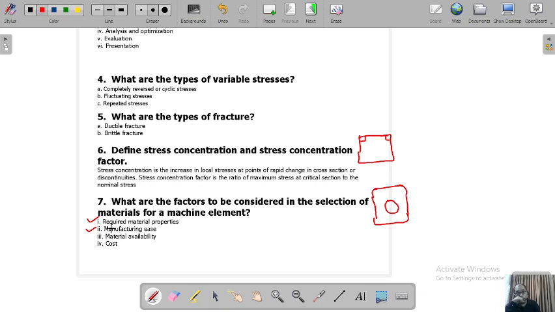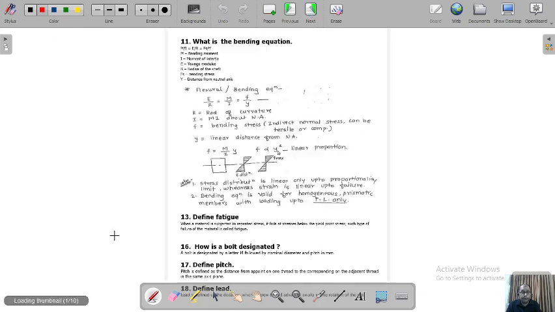It should be as easy as possible to manufacture in the minimum steps. Material availability is very important. If the material is not available, there won't be any manufacturing, whether casting or any other machining process. And the cost should be reasonable. It should not be too high, otherwise the profit will decrease.